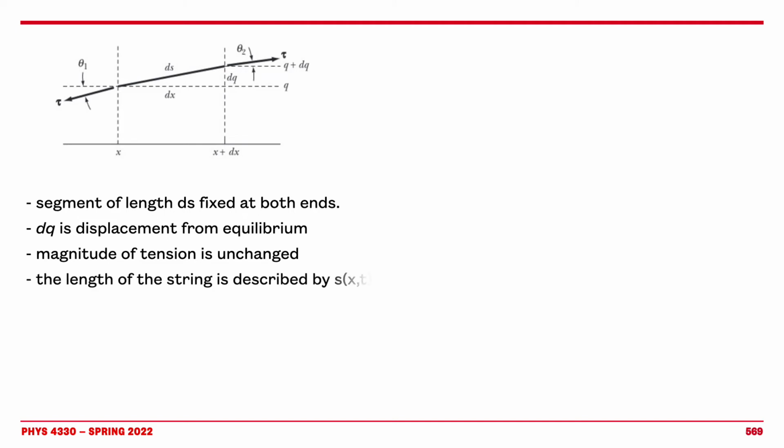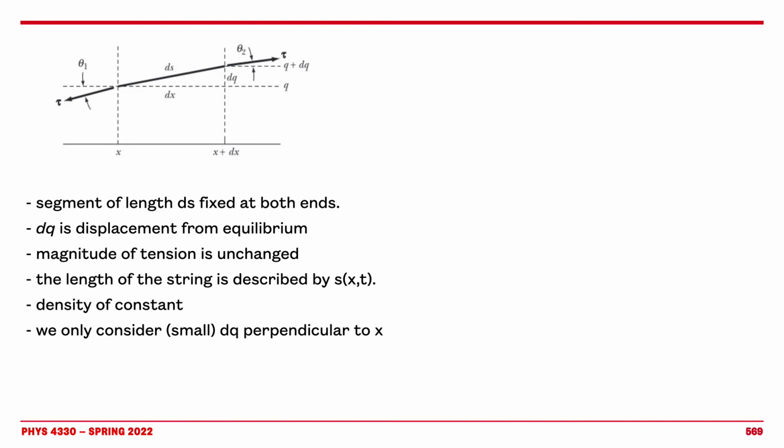The length of the string will be described by s(x, t). If you look at the picture, the element ds is the actual length, along the bold line, the line in heavy markings. The density is constant, of course, it's nothing new.